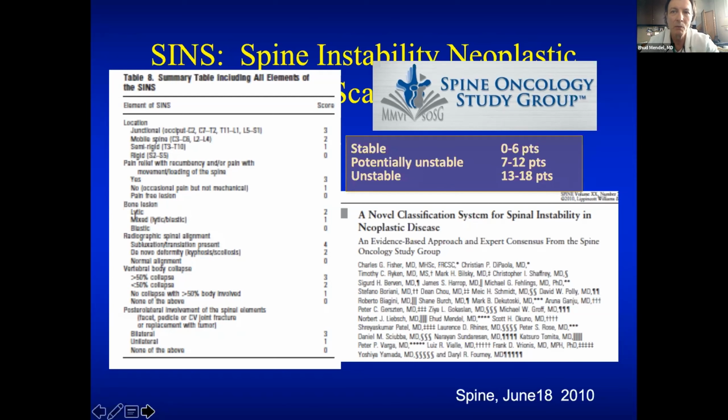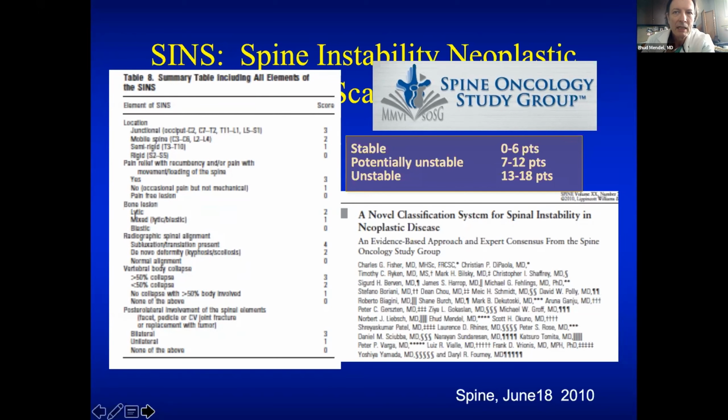The second thing, which is also very important, is what we call mechanical pain, or pain that gets better when the patient is lying down. You see immediately that mechanical pain is very critical to assess a stable or potentially unstable spine. If the patient has mechanical pain, the patient gets immediately 3 points.